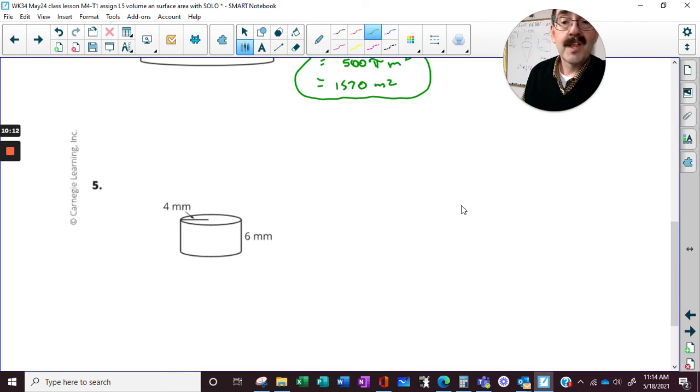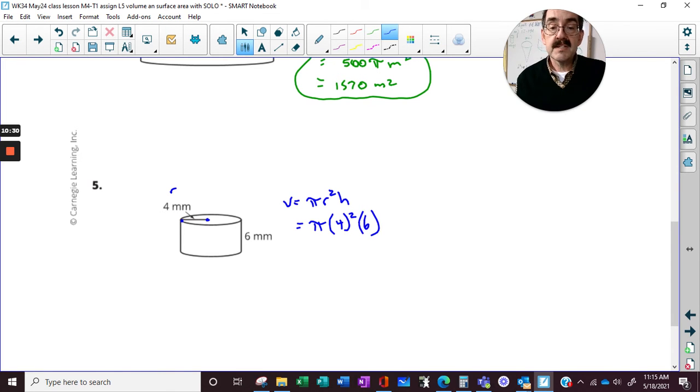All right. This time, R was obvious to be 4. So our volume is pi r squared h. Pi, the radius is 4 to the 2 power. The height is 6. So we have 4 times 4 times 6, which is 96 pi millimeters squared.